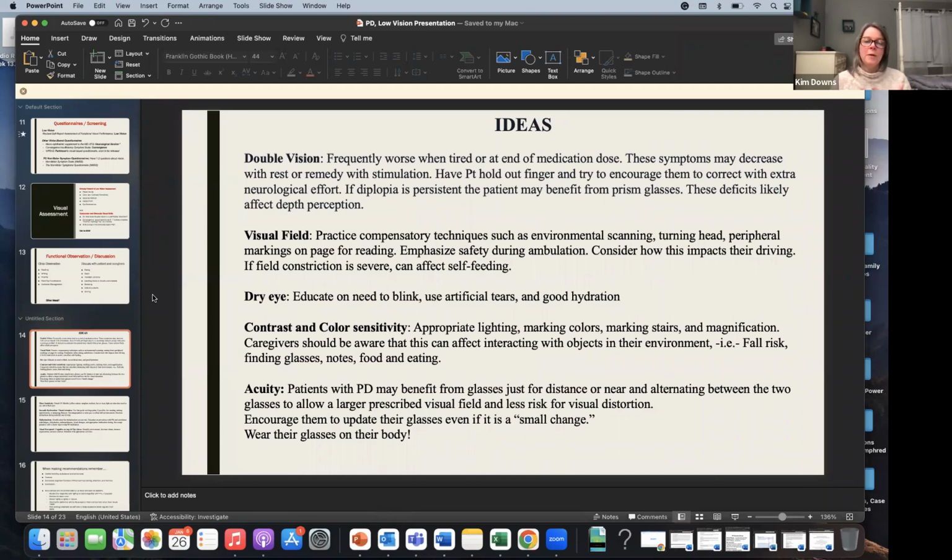So when they go to read, most of the time, instead of moving their eyes, they're maybe flexing their head a little bit and trying to use the distance part of their glasses for reading. So, especially for a more active person with PD who's still trying to use the computer, read, and do leisure activities and fine motor tasks, a separate pair of eyeglasses for reading is almost always going to benefit them, even if they have a progressive prescription.